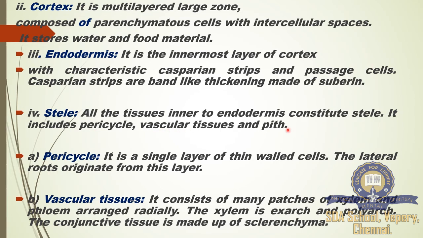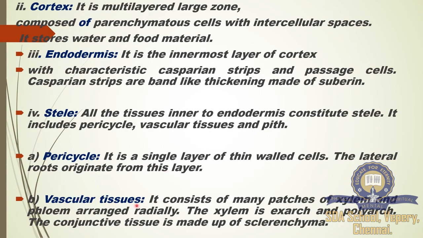Pericycle is a single layer of thin walled cells. The lateral root originates from this layer. Once the plant has grown, to extend the root further, the pericycle helps in the growth of lateral roots.